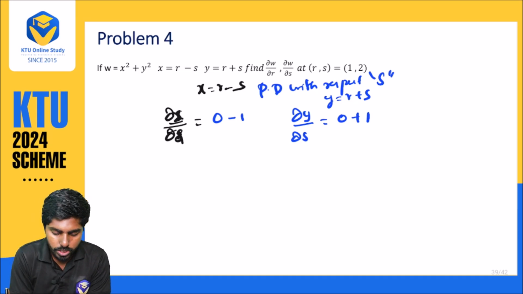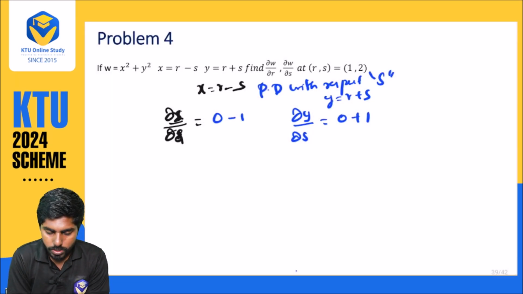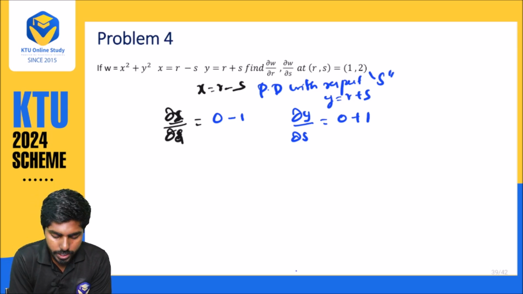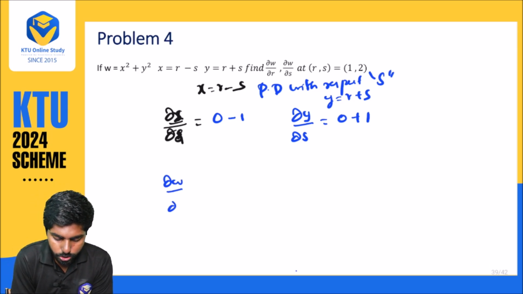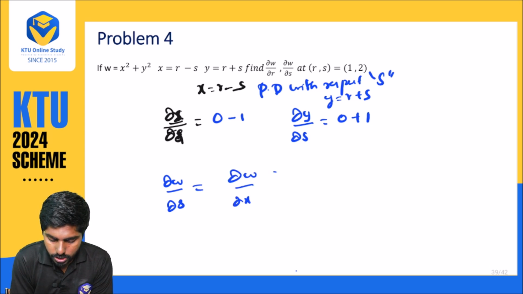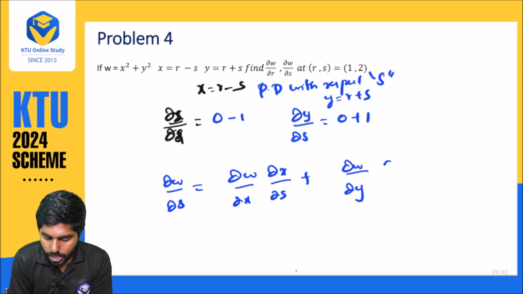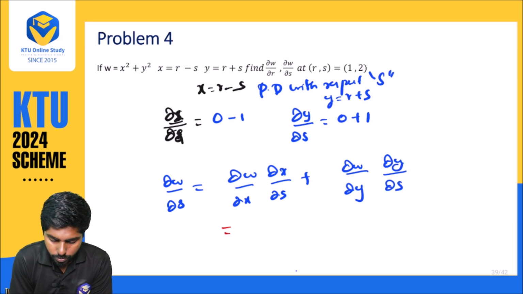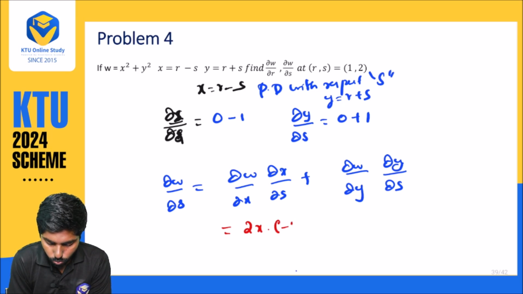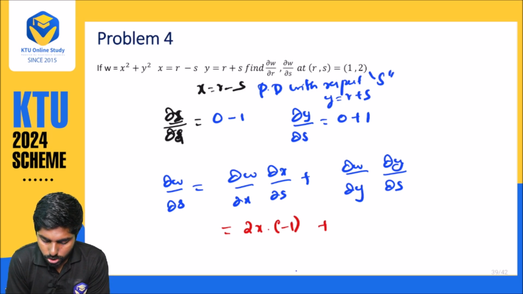So just substitute in the formula. ∂w/∂x is equal to ∂w/∂x times ∂x/∂x plus ∂w/∂y and ∂y/∂x. Just substituting the value, we will be getting 2x into, here the value is minus 1, plus here 2y into, here the value will be 1.